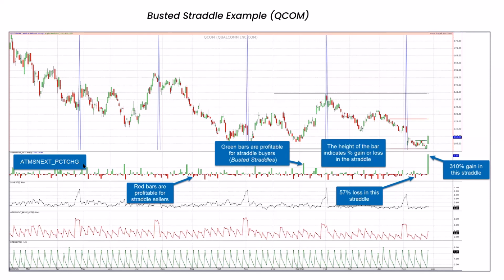That's basically the 1 day percent change in the at the money straddle. If there's a green bar here, it means that the straddle was busted. If there's a red bar, the straddle was not busted, it lost money. Professional traders made money in the red bars. Retail, you can think of it like that. Retail traders made money on the green bars.